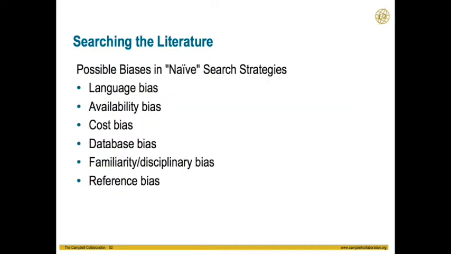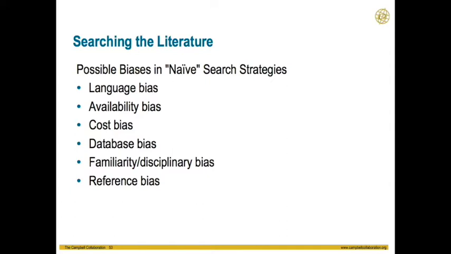Okay, so why do we do these comprehensive, diverse literature searches for our systematic reviews? The reason that we spend so much time doing this is because we know there's quite a bit of empirical evidence that establishes the dangers and the biases that come in naive search strategies.